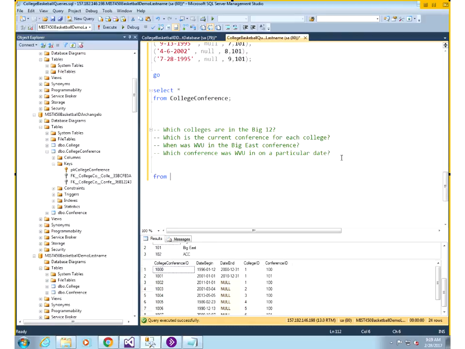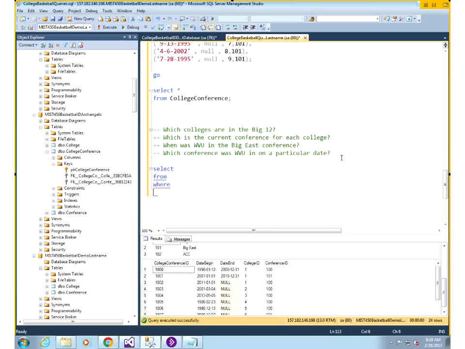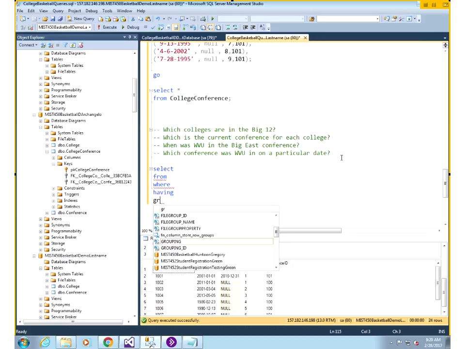So one of the things I try to do is start from the from. Why do I start from the from? The query structure is select, from, where. Is that all there is to it? What else can you have? Having, group by.